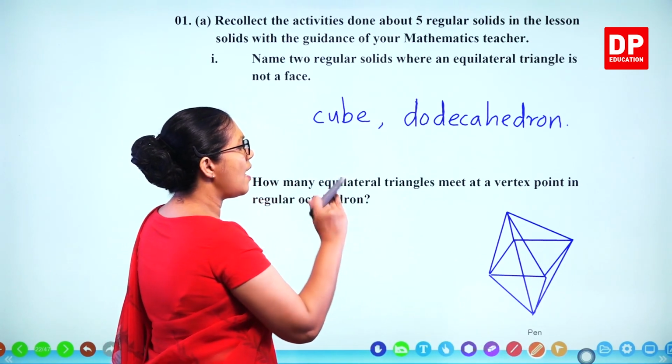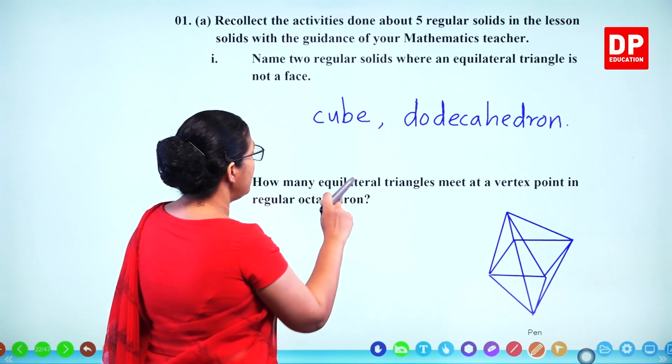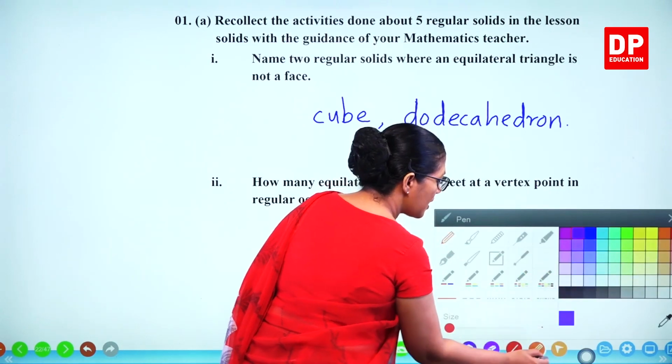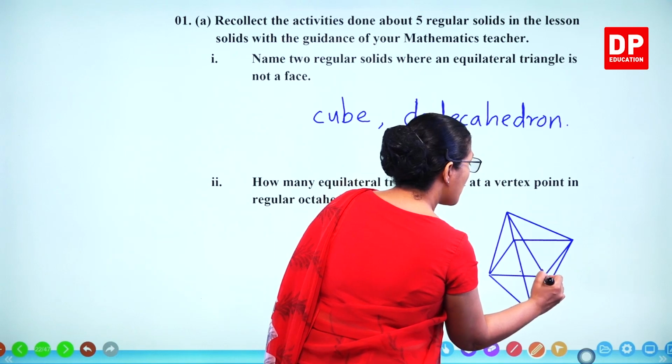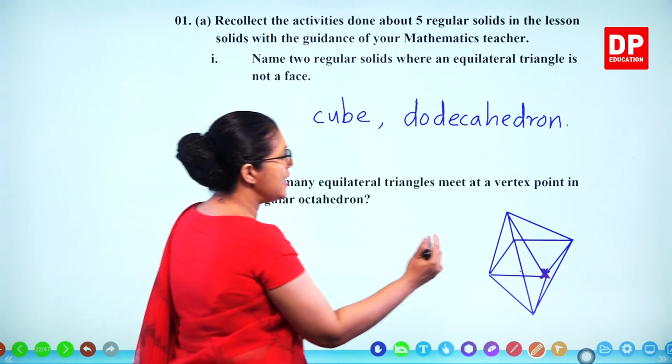All the faces are equilateral triangles. And if you take a vertex point, I'll take this vertex point, this one is easy to identify. How many equilateral triangles meet?